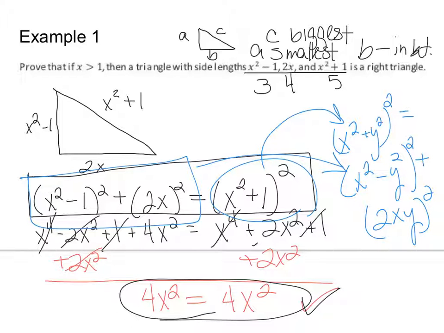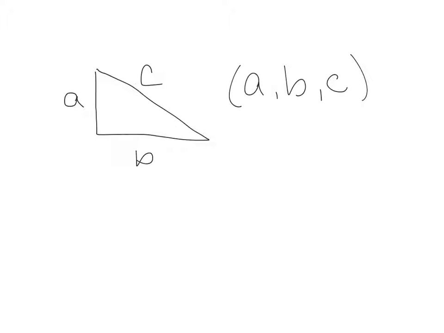To remind you, a Pythagorean triple is any positive integers a, b, and c that satisfy the equation a squared plus b squared equals c squared.